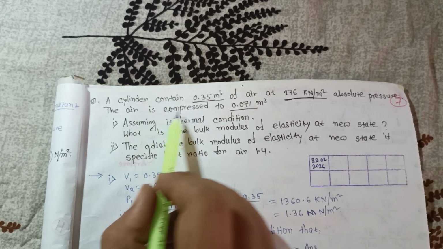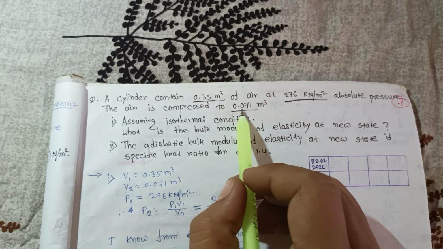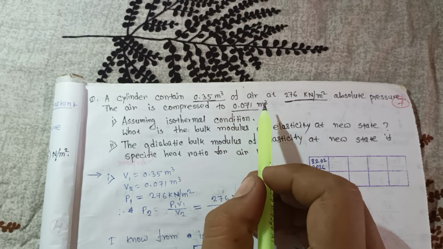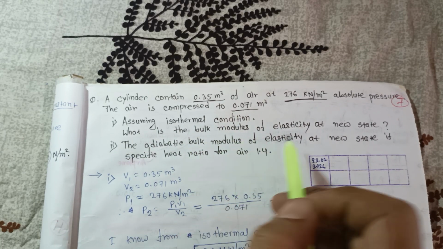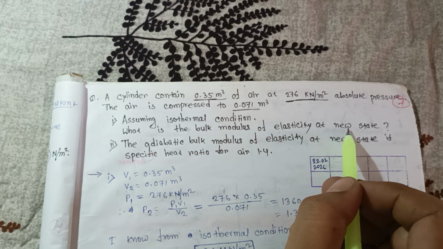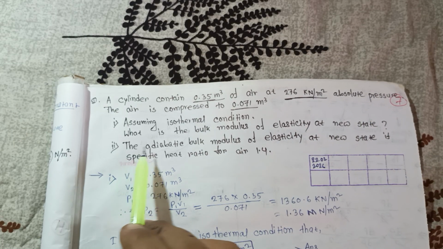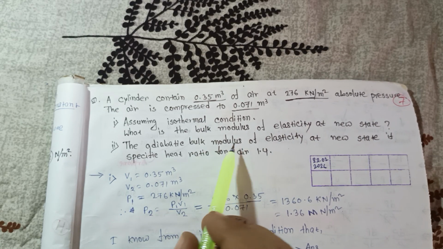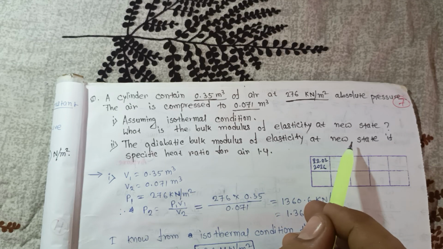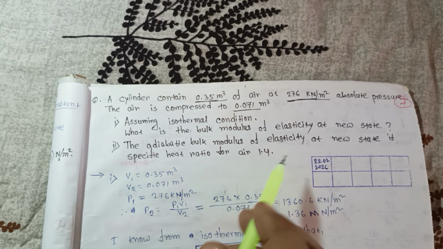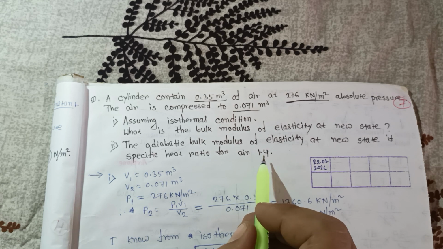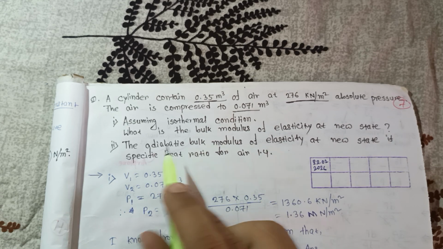The air is compressed to 0.071 meter cube. Assuming isothermal condition, what is the bulk modulus of elasticity at the new state? And second, what is the adiabatic bulk modulus of elasticity at the new state, if the specific heat ratio for air, gamma, equals 1.4. It is given in the question.